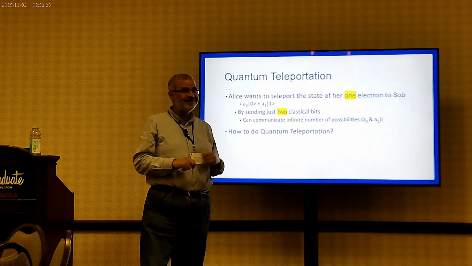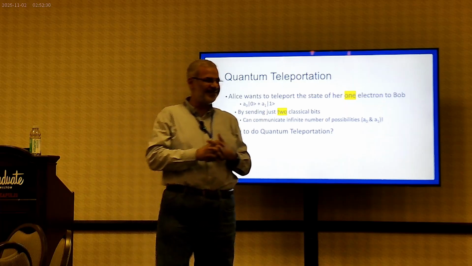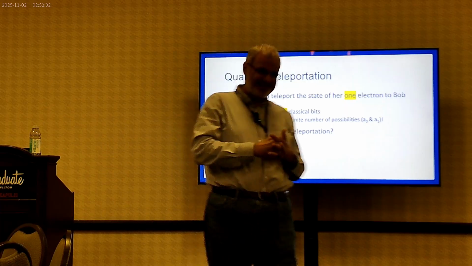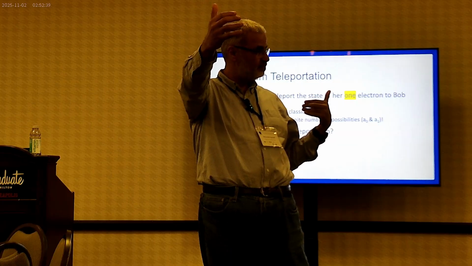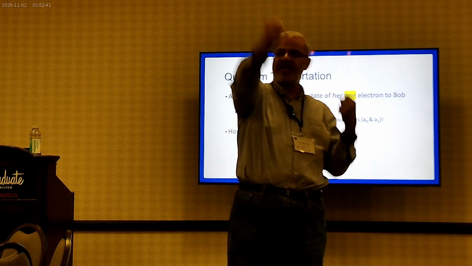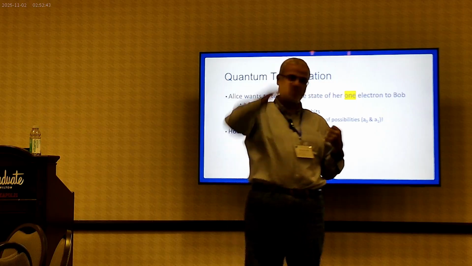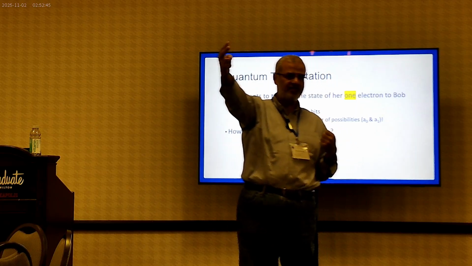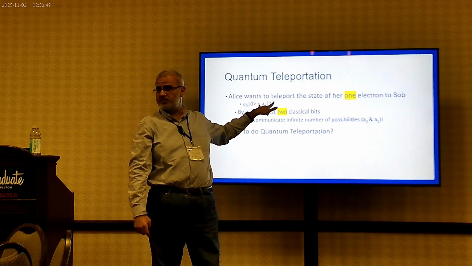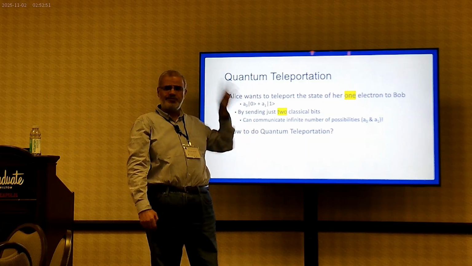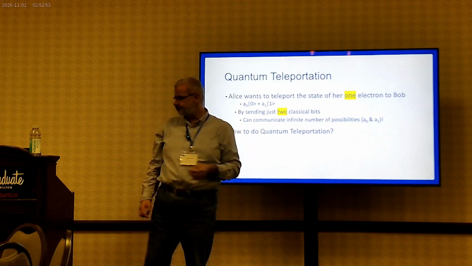The trick is that they already have entangled qubits beforehand. So they have these entangled qubits, then Bob will receive 2 classical bits, and by doing this, Alice can transport this state to him. We'll see the details, but this is the main idea.